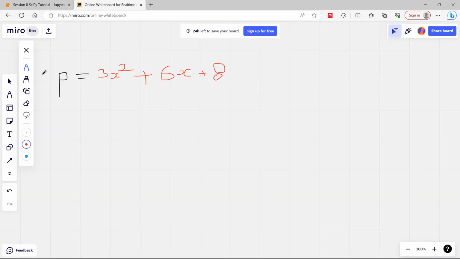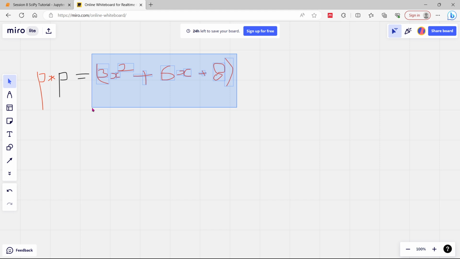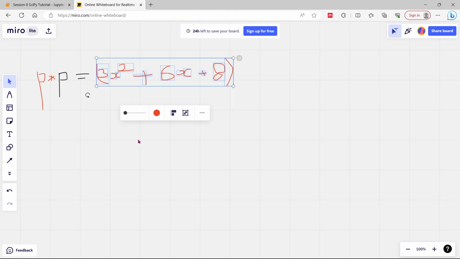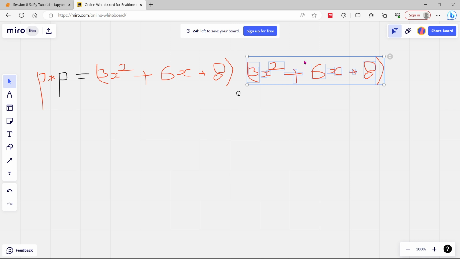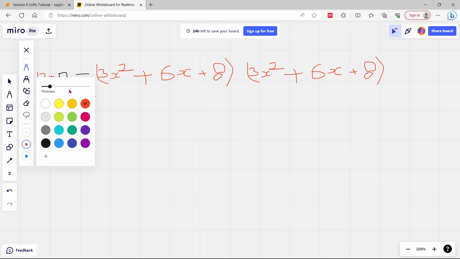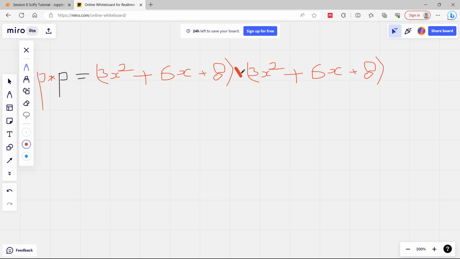But when we talk about p asterisk p, it multiplies the same equation by itself. So I'm going to select all the terms here, cut and paste, and put a multiplication sign in between. Here I put the multiplication of these two equations: the first p, and in the second parenthesis the second p. So I'm going to multiply this p with p itself.